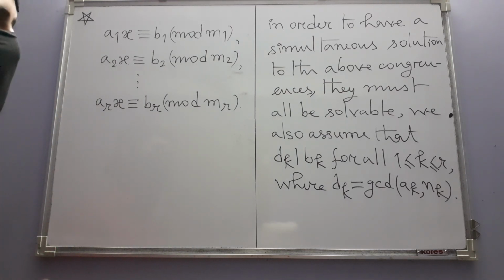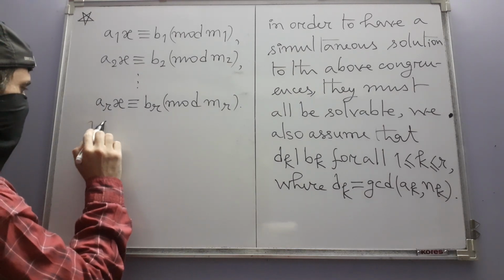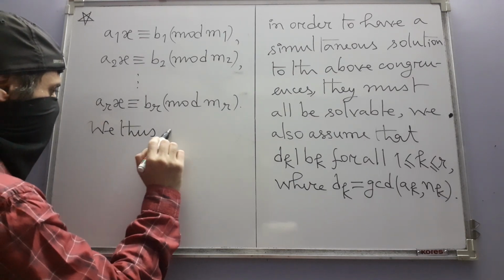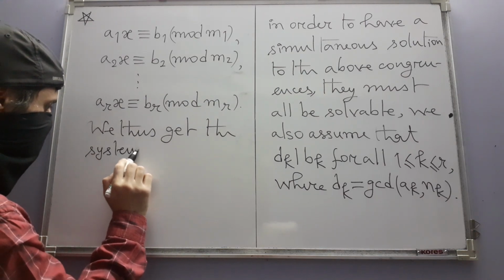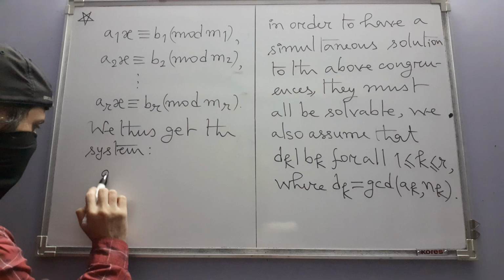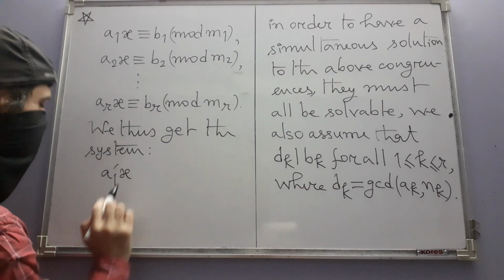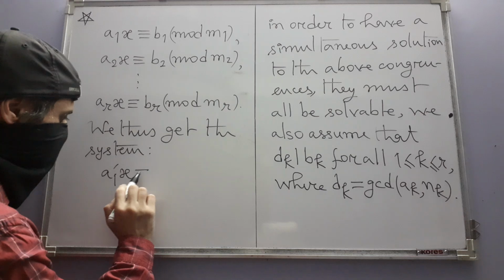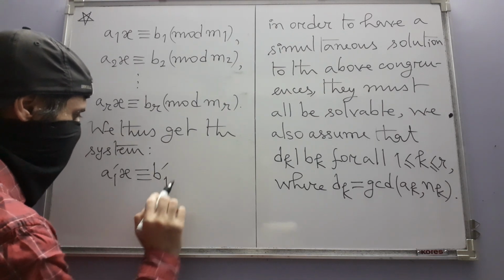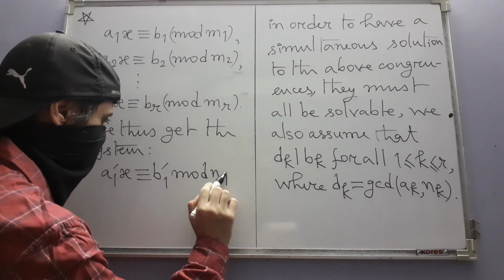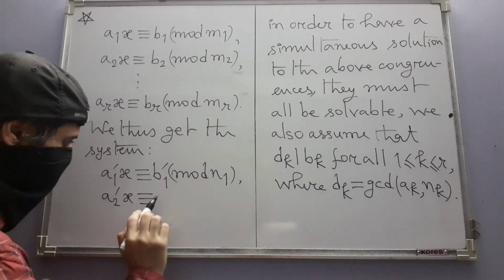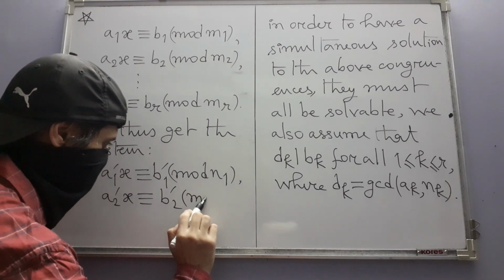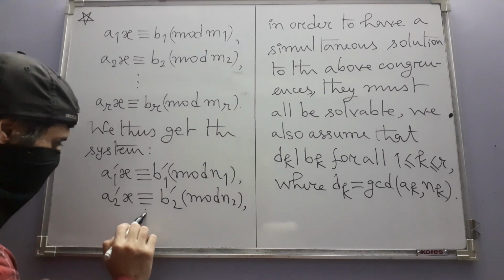If we do so, if we divide each equation by its corresponding dk, we thus get the following system, where we denote the coefficients, because these are going to be new, a1 prime x congruent to b1 prime mod n1, a2 prime x is congruent to b2 prime mod n2, like that.